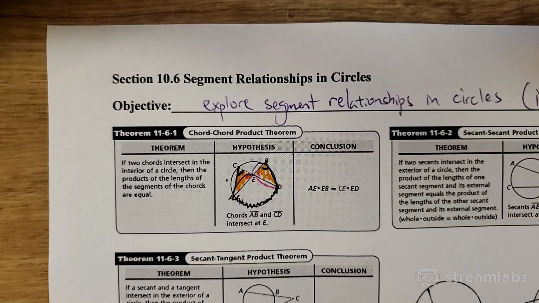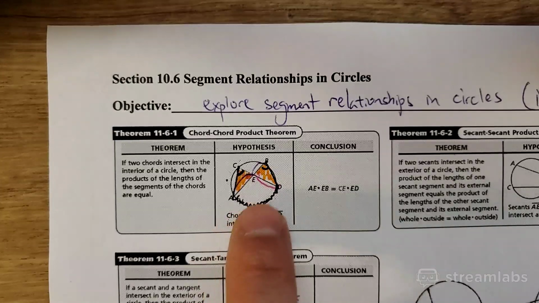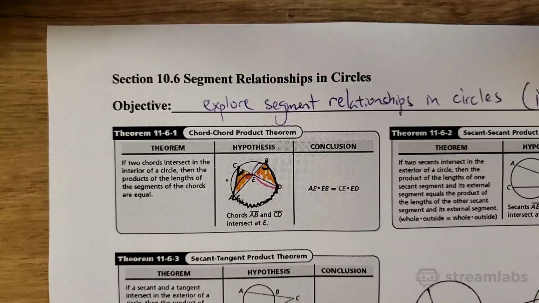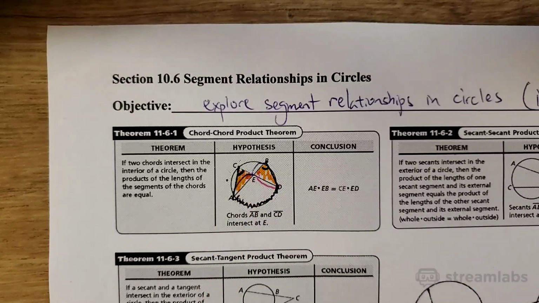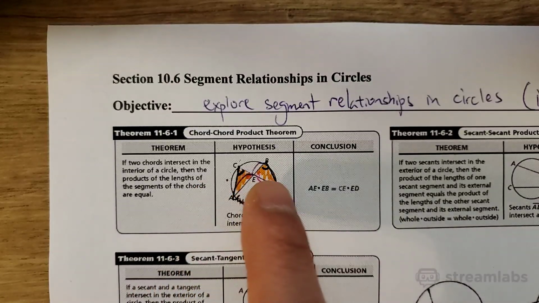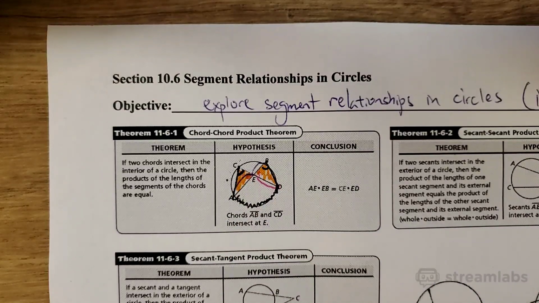Inscribed angles are exactly half of the arc measure. Since they're about the same arc, of course these two will be the same measure. So we have congruent angles here and congruent vertical angles, so the triangles are similar.